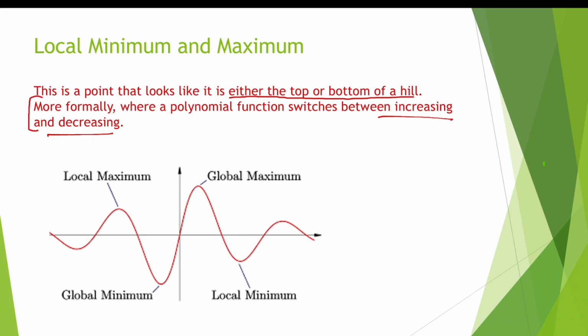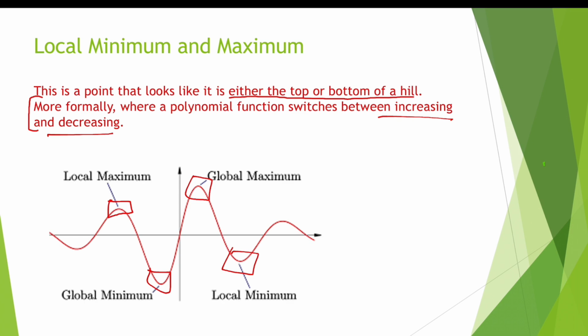When you take AP Calculus later on, you'll have a more refined definition for a local minimum and maximum. Over here, we just know that it's a point where the function changes between increasing and decreasing, or in layman's language, it is either the peak or the valley. So over here, this is a peak, this is a valley, this is a peak, this is a valley.